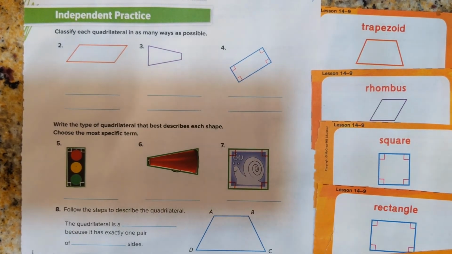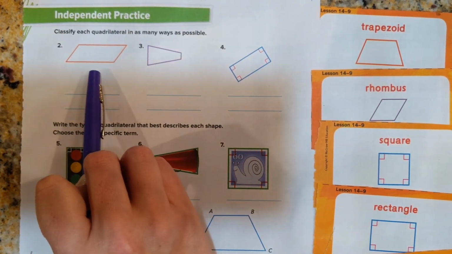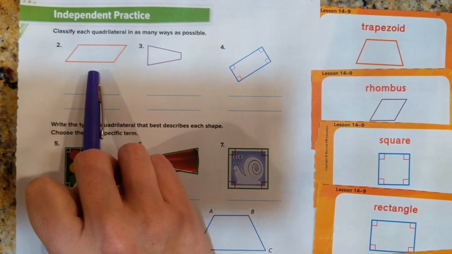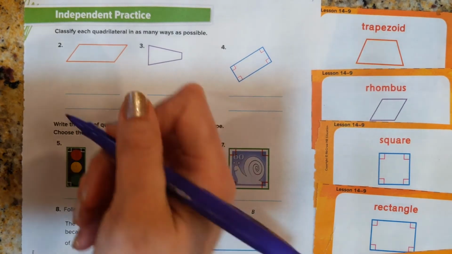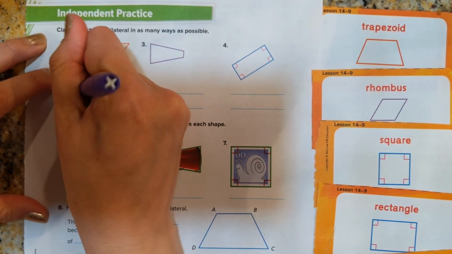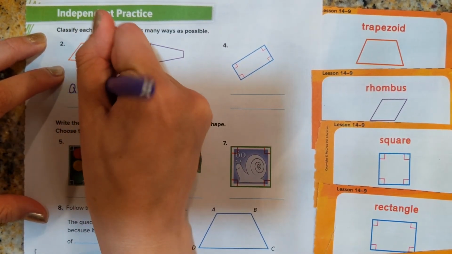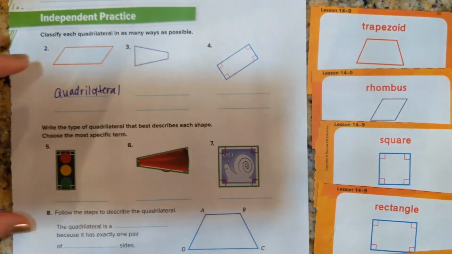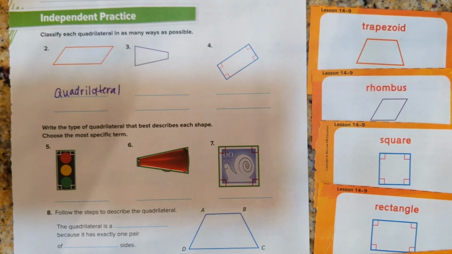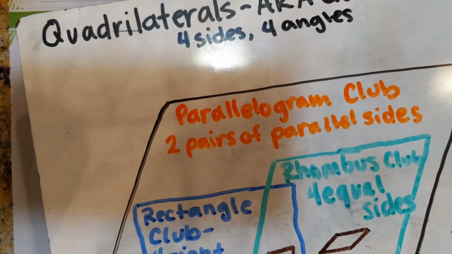Okay, this one. Is it a quadrilateral? Does it have 4 sides and 4 angles? Yes. Okay, and within that, can it join the parallelogram club?